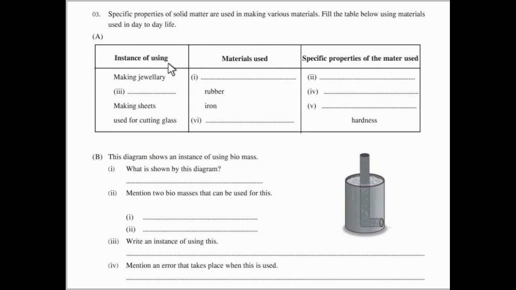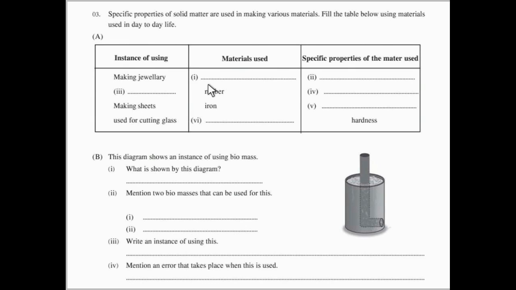Instance of using: making jewelry. Material used: gold. Specific property of the matter used: gold is shiny, with a specific yellowish color.